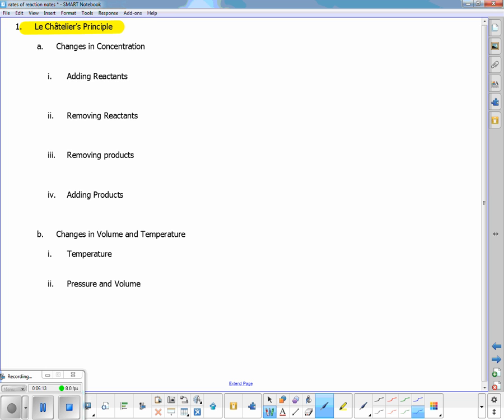So if I add reactants, add things to the reactant side, guess what? It shifts this way to the right towards the products. Okay? Now, same kind of thing I'm thinking in my head when I was a kid.